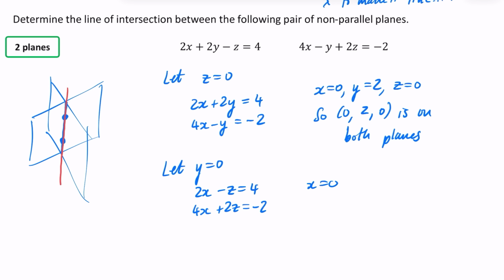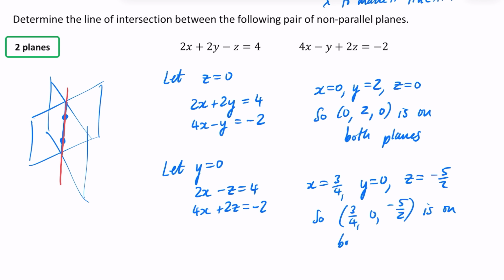I don't know why I said that x is 0, we said that y is going to be 0. On my calculator, x is 3/4, y is 0, and z is minus 5 over 2. So this means that 3/4, 0, and minus 5 over 2 is on both planes.